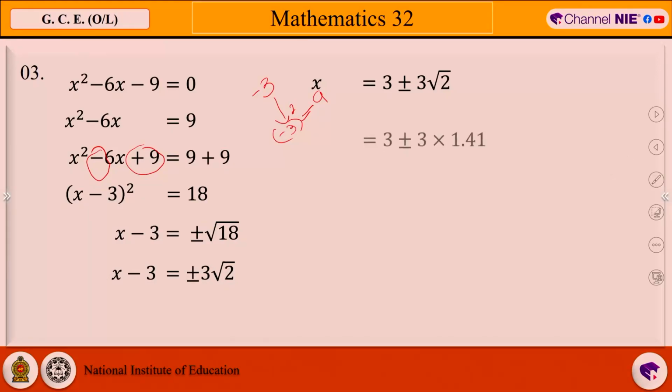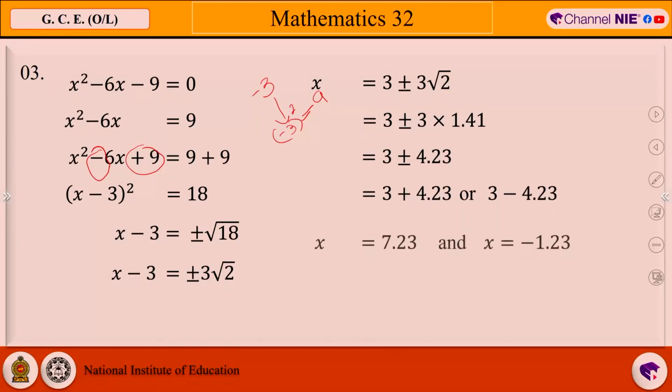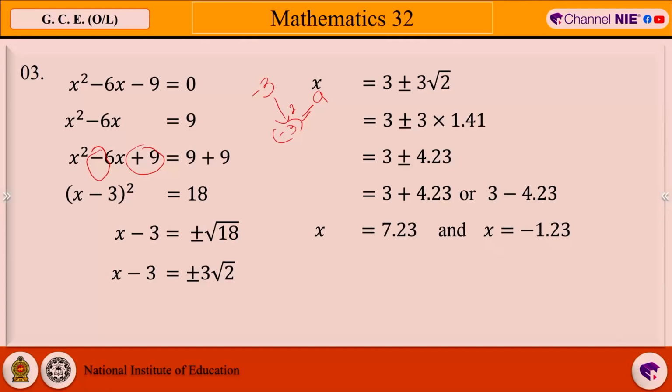Right. From this, you can find the value of x by substituting the given value of root 2 into this expression. Here, root 2 is given as 1.41. Once you substitute, you get x equals 3 plus or minus 4.23. Therefore, x can be 7.23 and x can be minus 1.23.